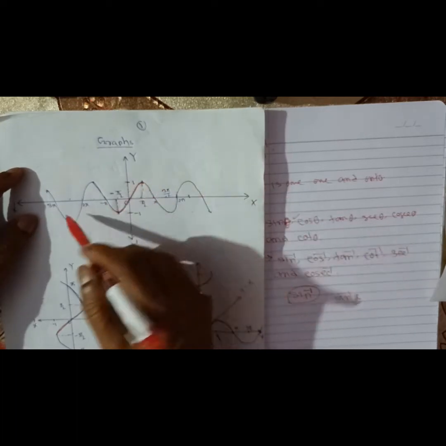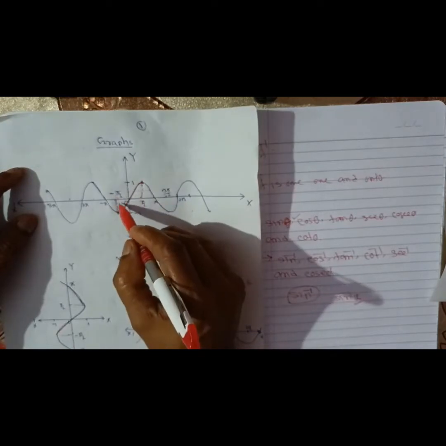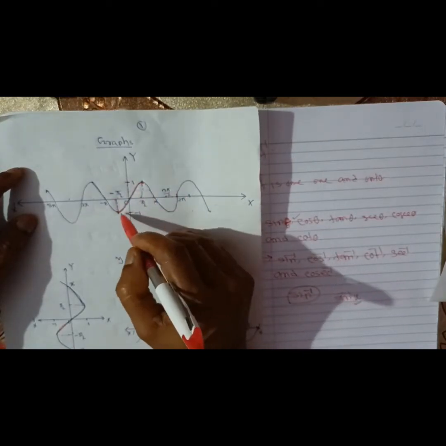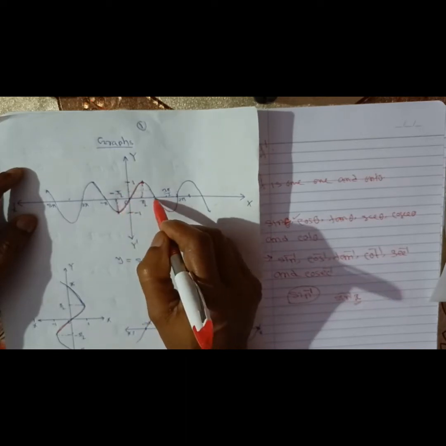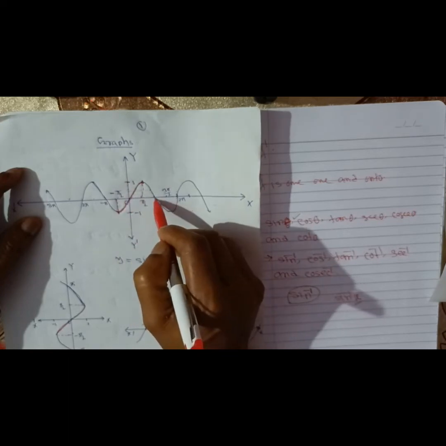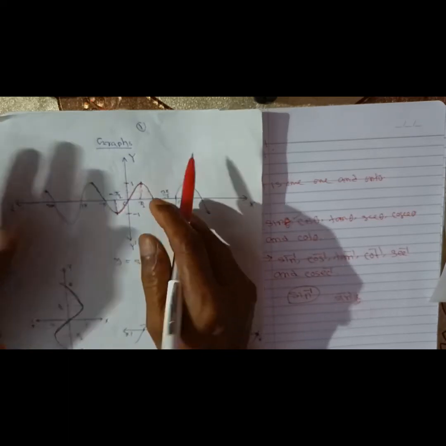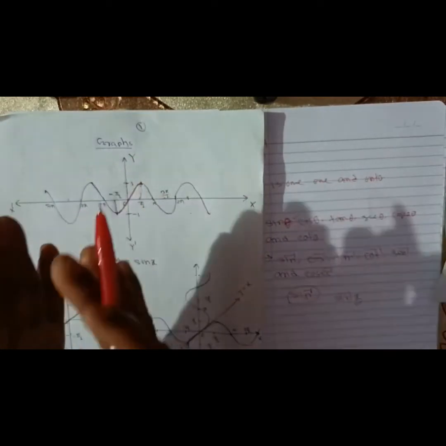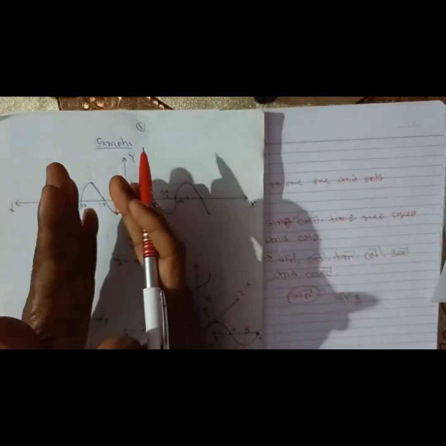So the range of the trigonometric function, in case of sine, is restricted to minus pi by 2 to plus pi by 2. In this portion the sine function is one-one and onto.